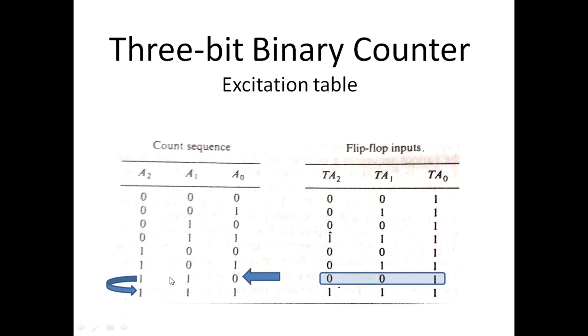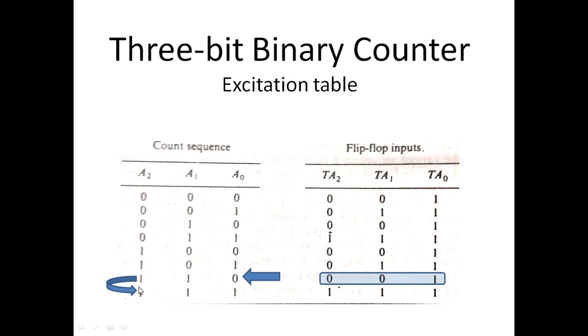When the current state is 1, 1, 0 and we want to go to the next state, which is 1, 1, 1, we move from the current state 6 to 7, which is equal to the binary sequence 1, 1, 1. Then we have to toggle the state of flip-flop 0 and leave the state of flip-flops 1 and 2 unchanged.